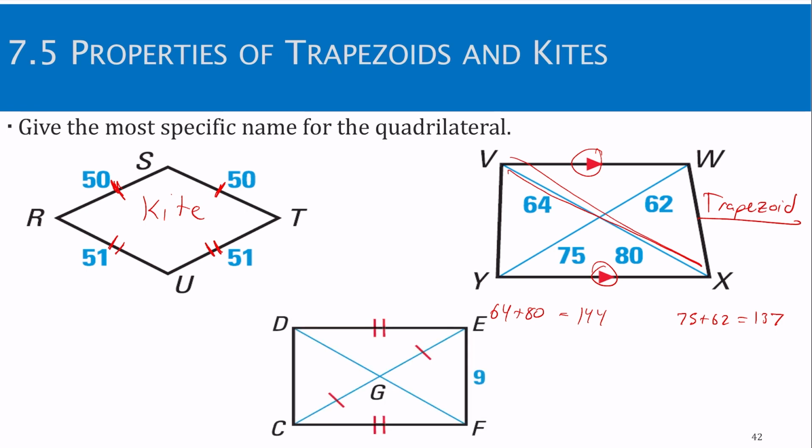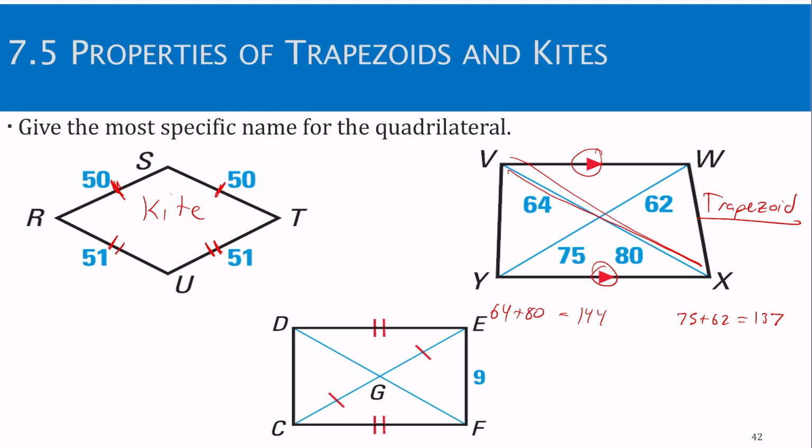And then this one. I have one pair of opposite sides congruent. I get one diagonal that's bisected, and I don't know anything else. I don't have enough to show it's a parallelogram, so I only have one pair of opposite sides congruent. I know nothing about parallel.